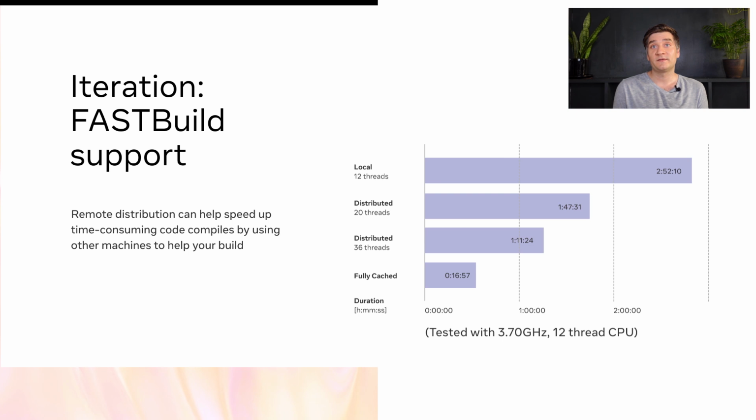Compiled object files can be very large, and the network overhead may not make this beneficial for all users, especially if many of us are working from home over VPN connections without access to other machines on a local network. While it is possible to set up distribution over VPN, results may vary wildly depending on network conditions.